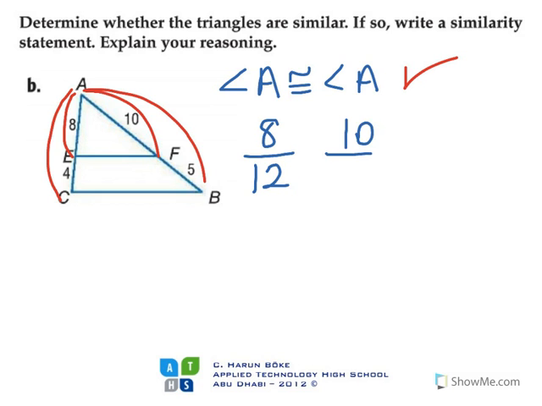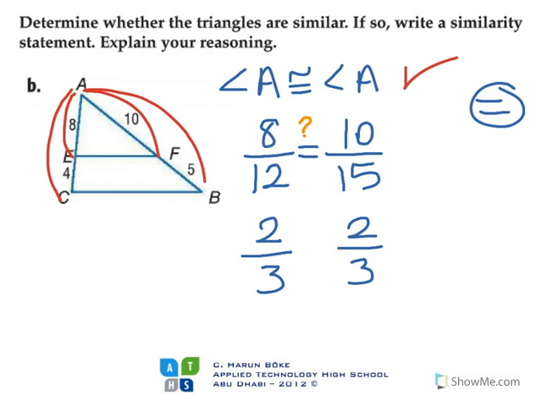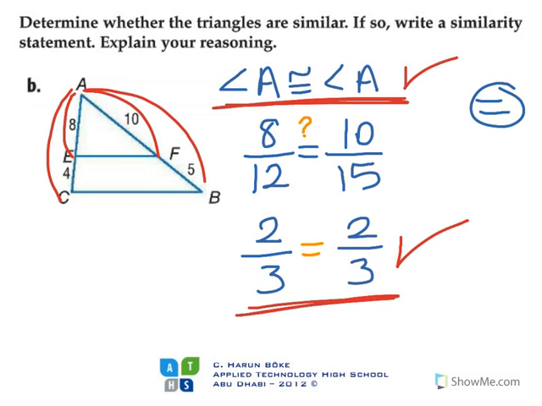So it will be 10 over 15. Now, if you write these ratios in your calculator and press the equal sign, you will see that both of them will simplify to 2 over 3, which means they are equal. So, the second condition for side-angle-side similarity also is satisfied. I have one set of congruent angles and I have the arms to be proportional.